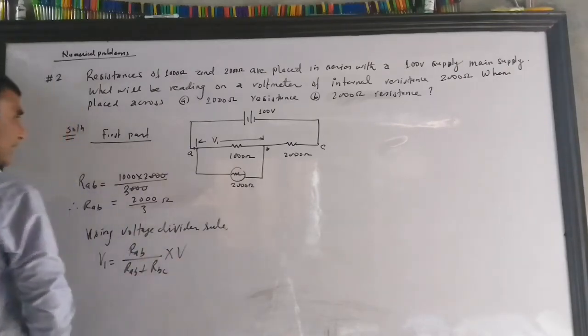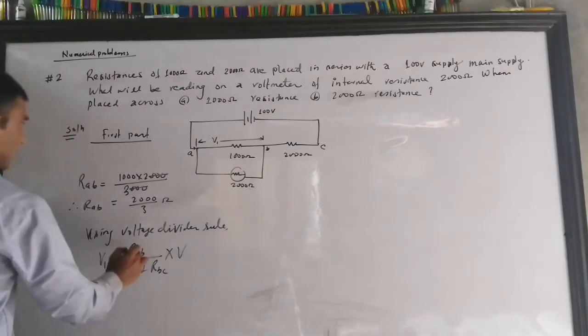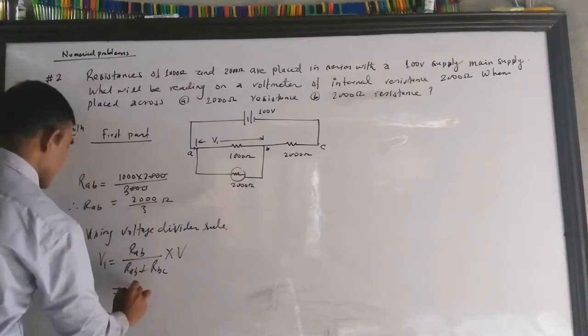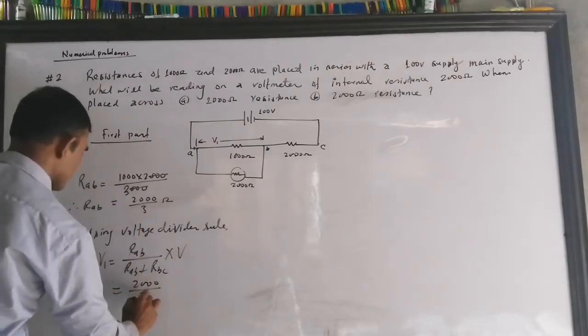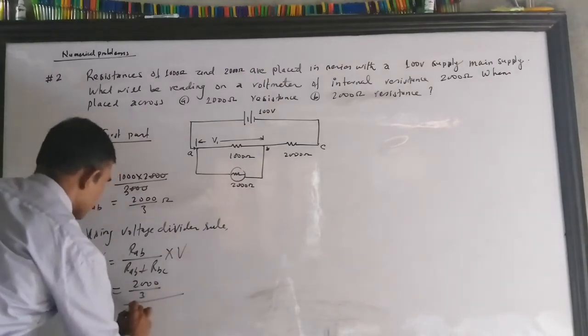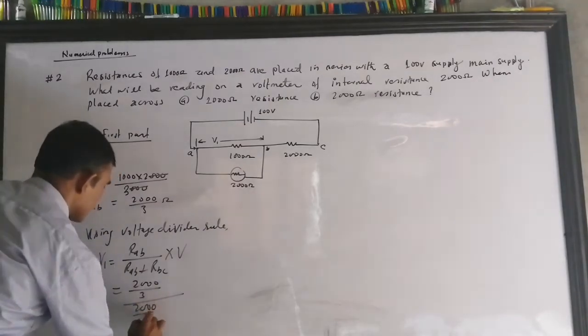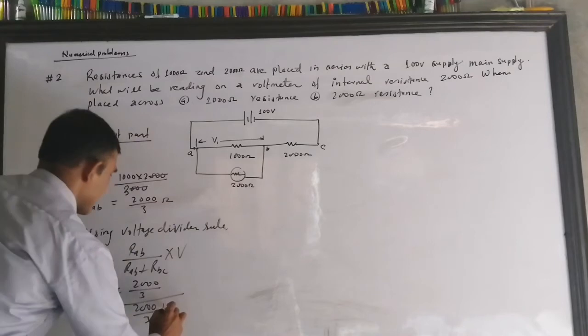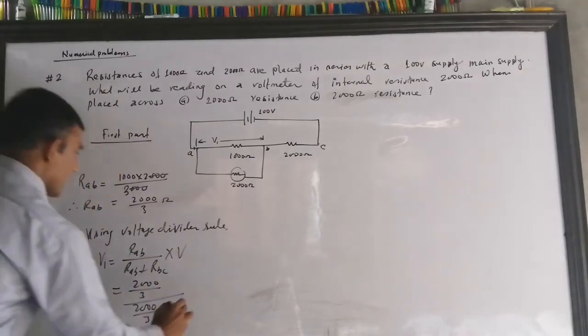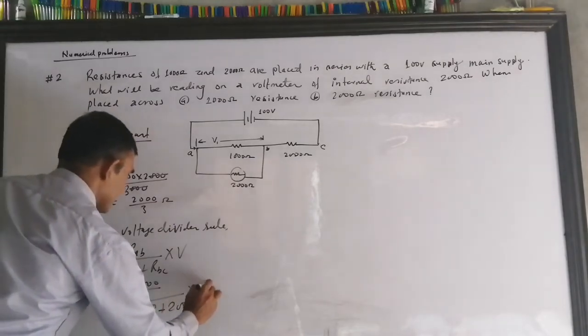The total voltage is V for the time being. So tell me, what is RAB? RAB you just got: 2000 upon 3, and the denominator is also 2000 upon 3 plus 2000, times the total voltage, which is 100.